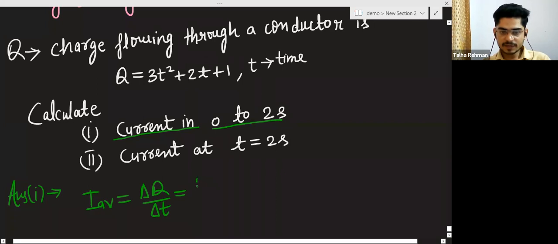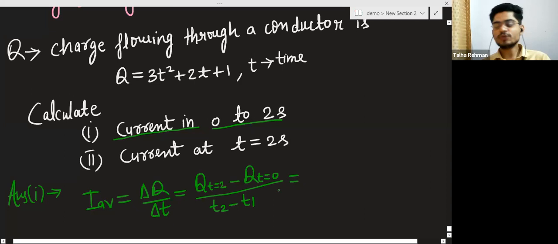So I can write charge at t equal to 2 minus charge at t equal to 0, divided by t2 minus t1. You can write in your own way also. That is not a problem.